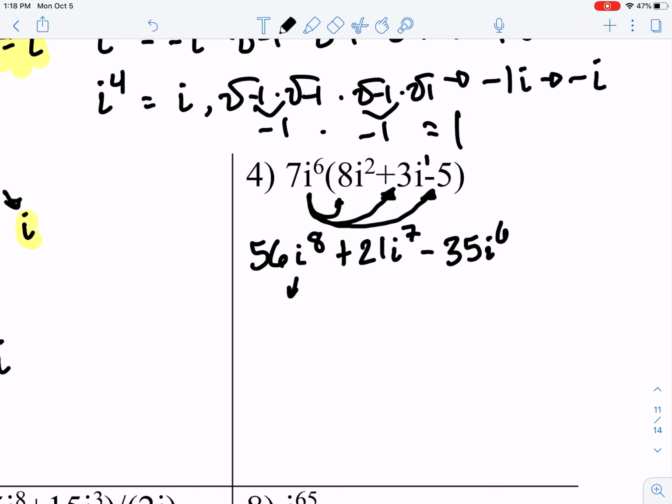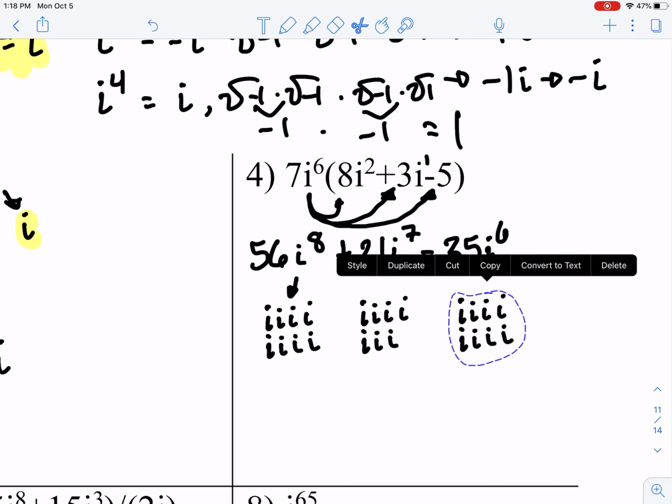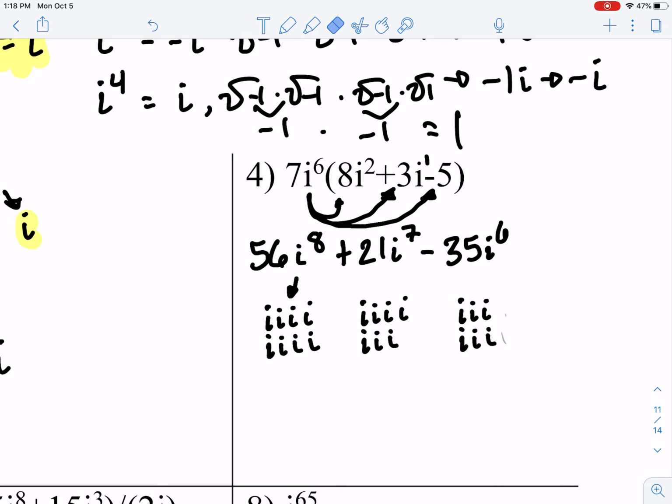And then after I do that, take care of my i's. 1, 2, 3, 4, 5, 6, 7, 8. Then I have 7 of them over here. Over here I have 6 of them.